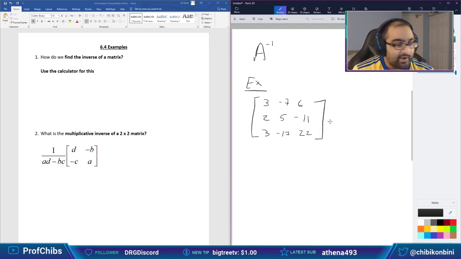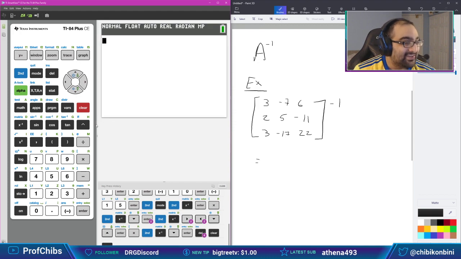I don't know what this inverse is going to be, but let's find the inverse of this matrix. We could end up with really ugly numbers, so I'm just going to run with it. I'll show you one with nice numbers later. The first one I'll show you with ugly numbers.